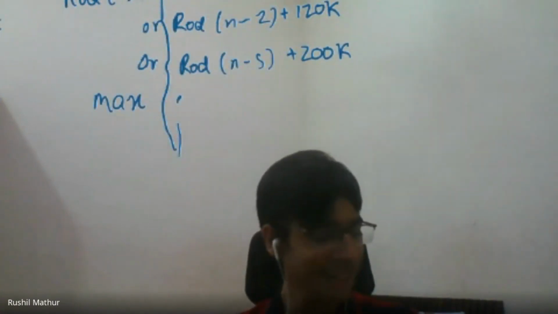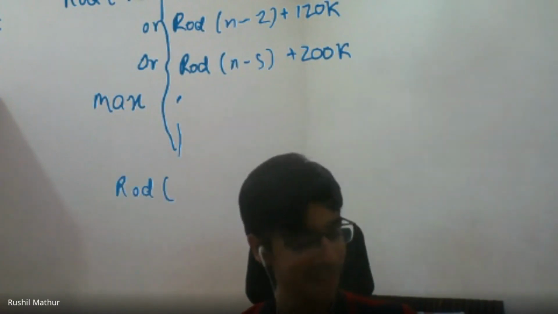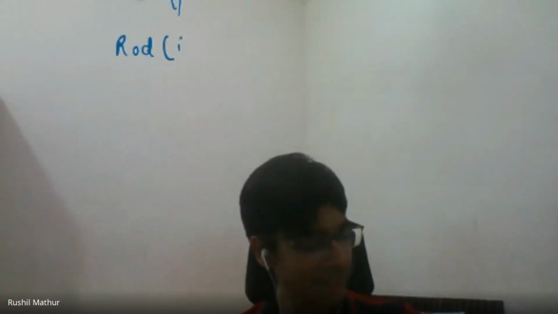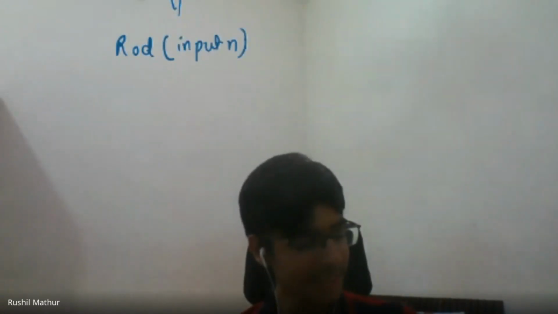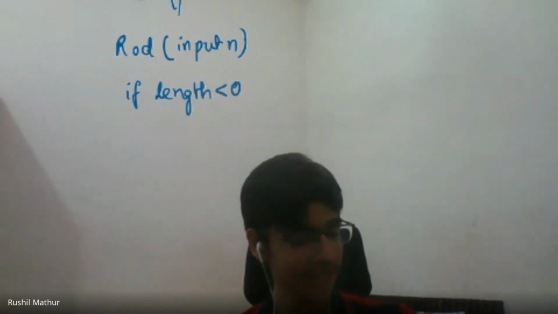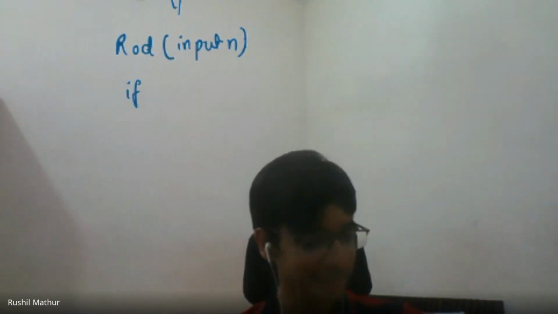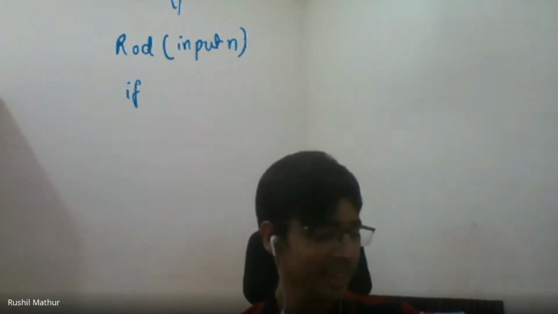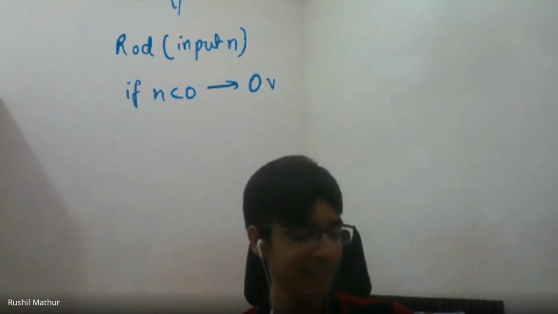Now if you try to code this down, you'll have a function rod, and you'll input n into it. If n is less than 0, then this doesn't make sense, so there's just 0 value earned.